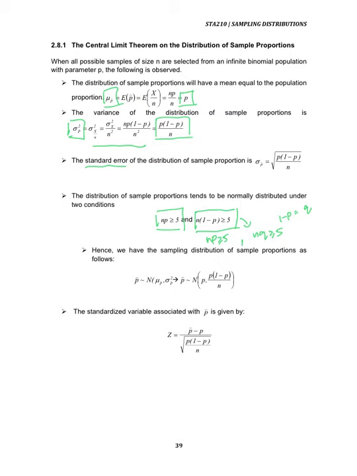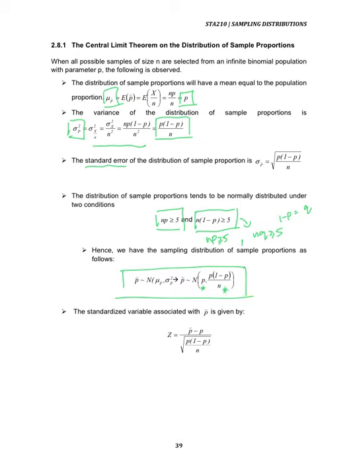So ni cara nak tulis, nak construct dia punya sampling distribution. So sample proportion p hat will be normally distributed with mean equals to p and variance equals to p(1 minus p) over n.